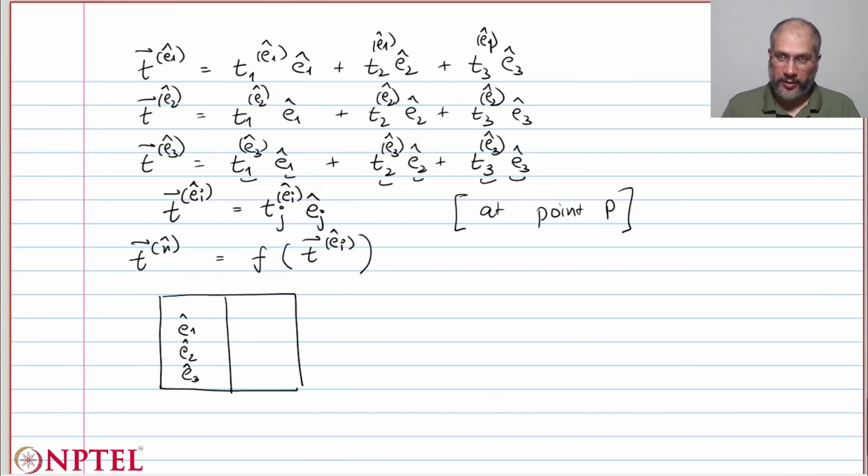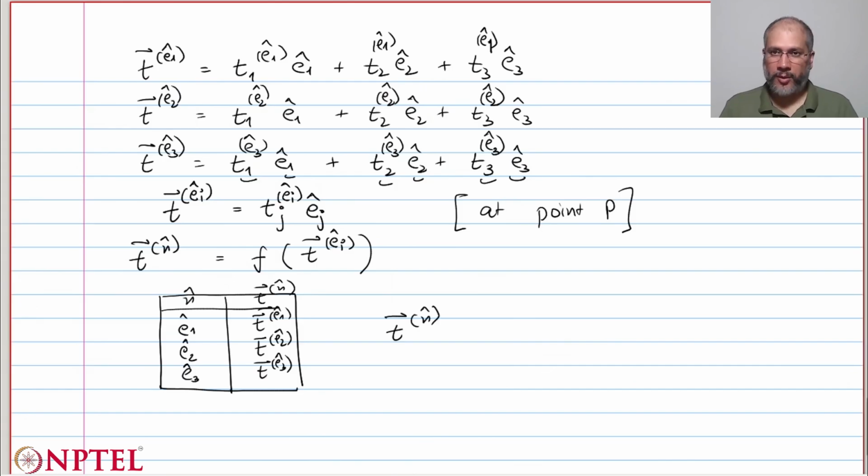That is, we have to specify only three normal n hats, and then for the traction vectors, we'll require T on E1, T on E2 and T on E3. And using this, we'll be able to find a general T vector on n hat plane. So we will be able to calculate the state of stress using this finite compact information.